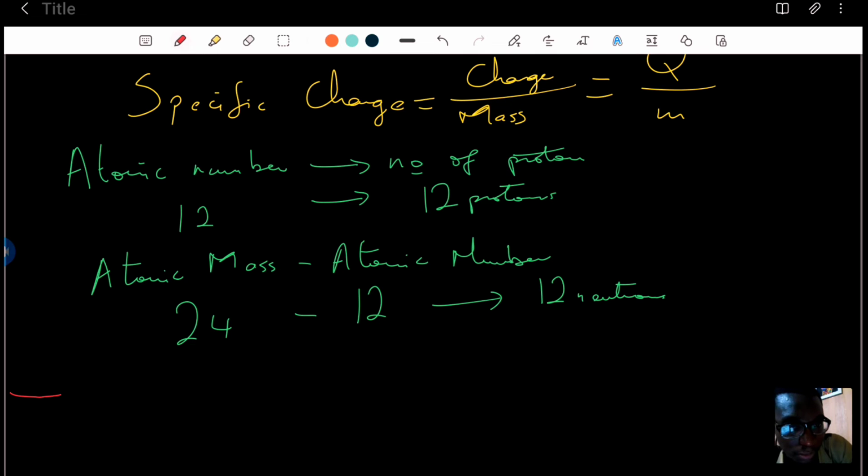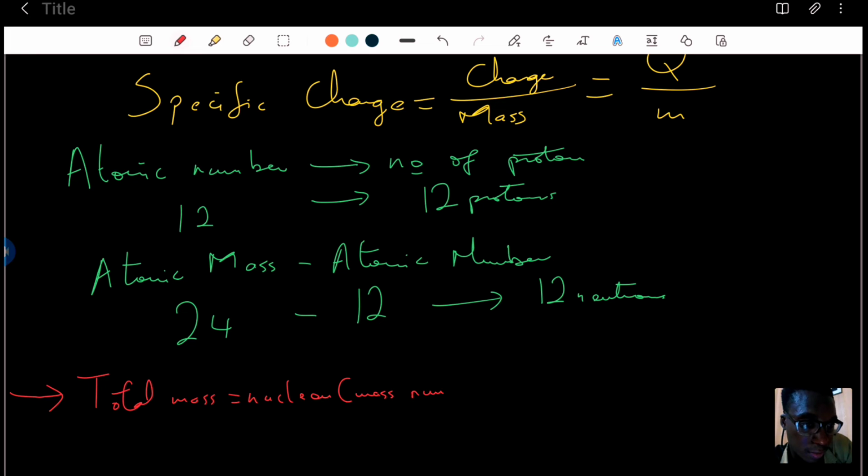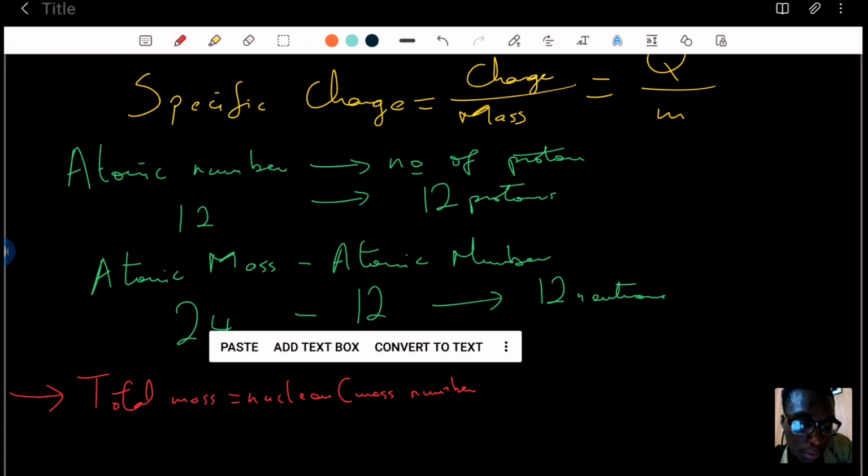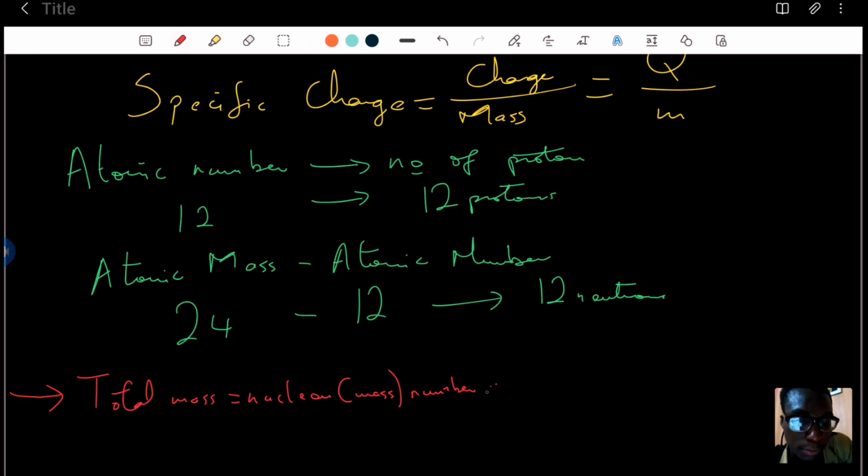Total mass equals the nucleon mass number times the mass of one nucleon. By nucleon we mean particles in the nucleus. That could be protons, that could be neutrons, excluding electrons. You don't have electrons in the nucleus.